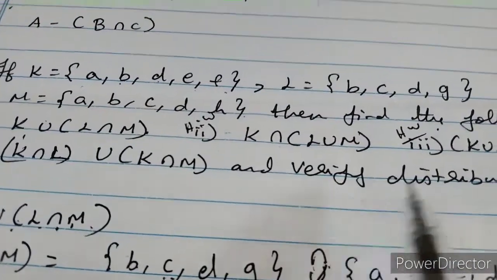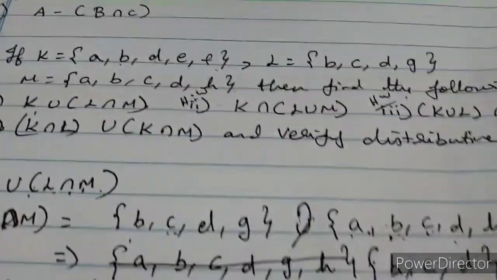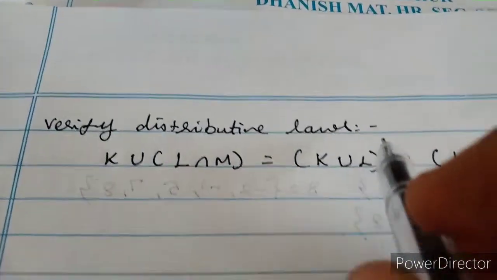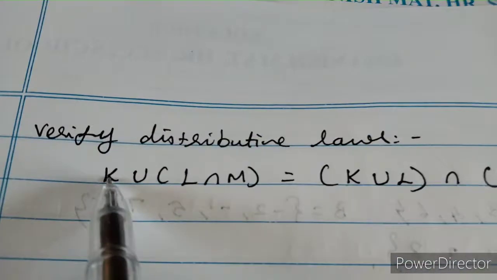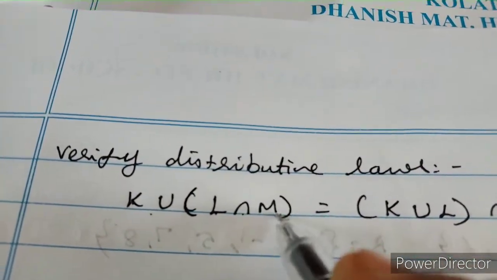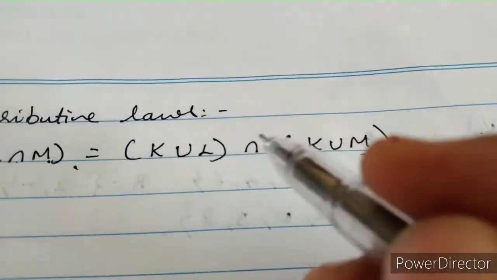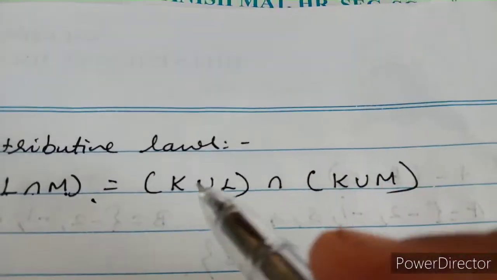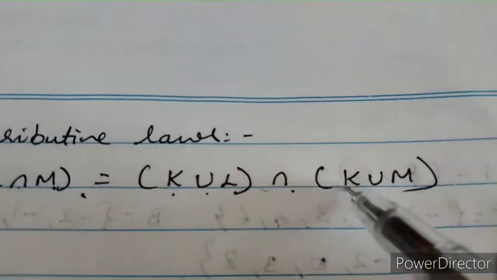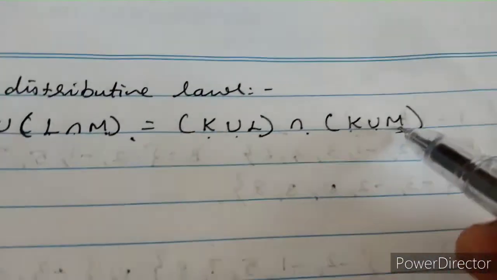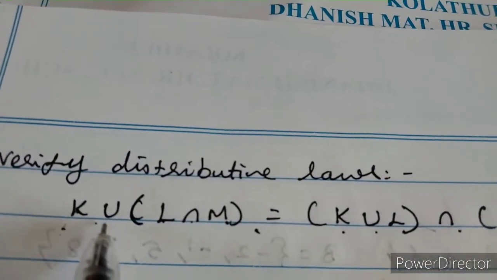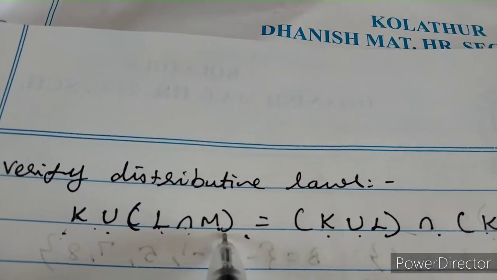Now we will verify the distributive laws. Verify the distributive law. First take and write down the law: K union (L intersection M) is equal to (K union L) intersection (K union M). Last sum we found out the value of K union (L intersection M).